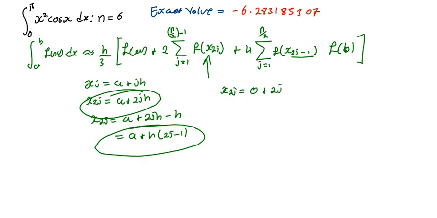Do we have our h? Not yet, but we can find it, because h is equal to b minus a divided by n. Our b is pi, our a is 0, and n is 6, as we are given. So h is equal to pi over 6.